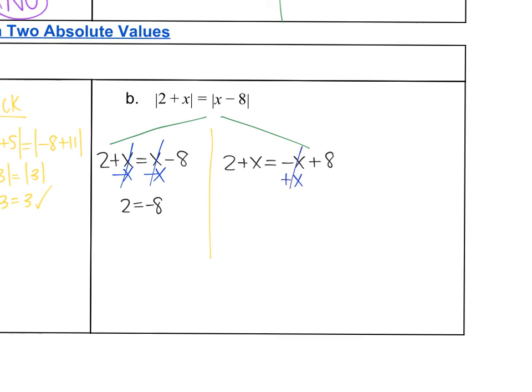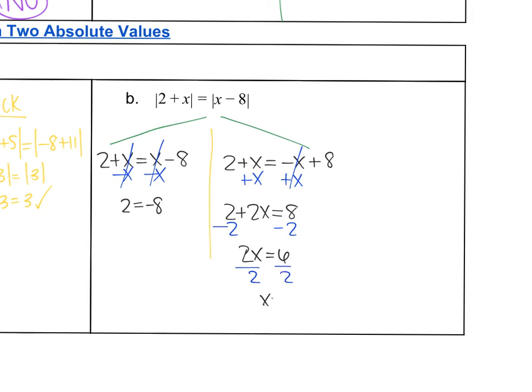Here I'll add x to both sides, and it doesn't cancel, so that's good. So it'll be 2 plus 2x equals 8. And then I'll go ahead and solve that. I'll subtract 2 on both sides. And then I'll go ahead and divide by 2 on both sides.